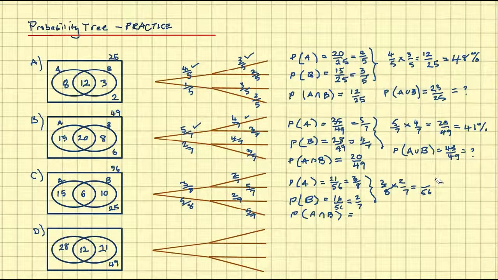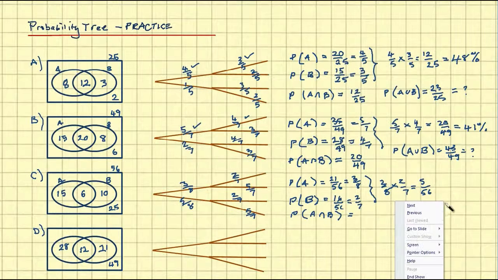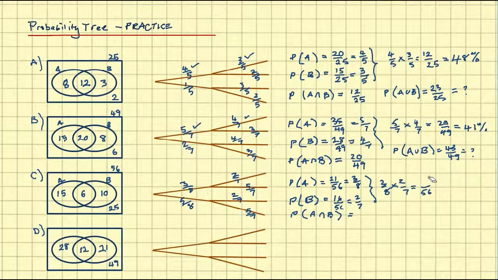Let's just tidy that up. Okay, I'm going back to my diagram. Does that make sense? No, it's not right. So something still wrong with that. Yeah, 3 times 2 is 6. Of course.